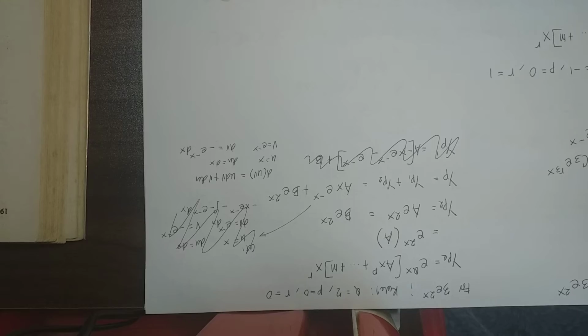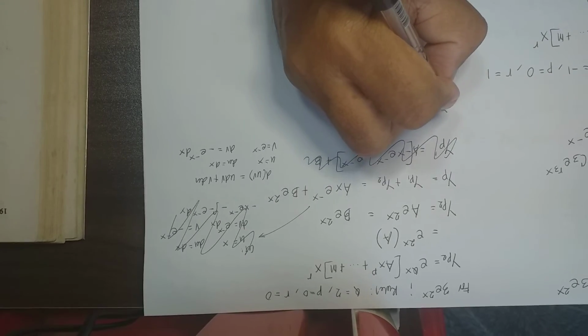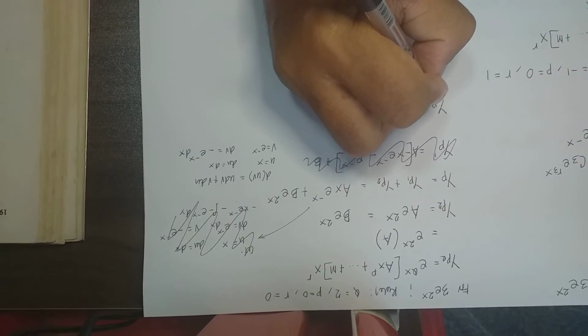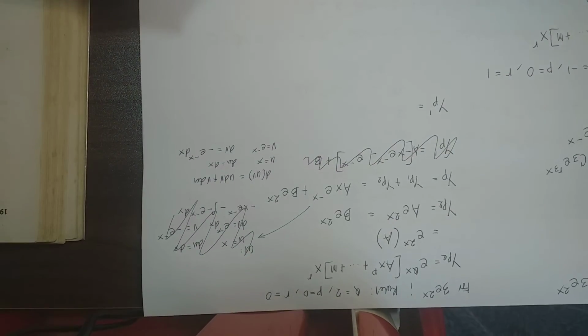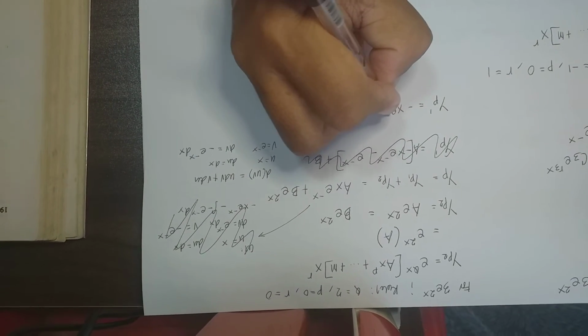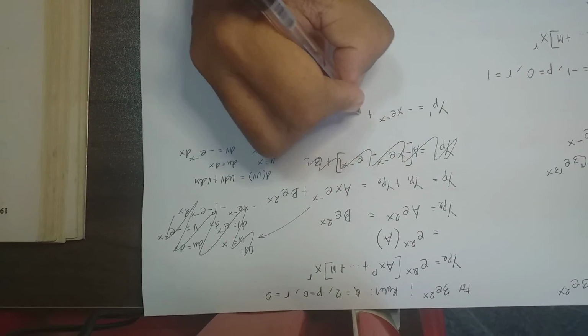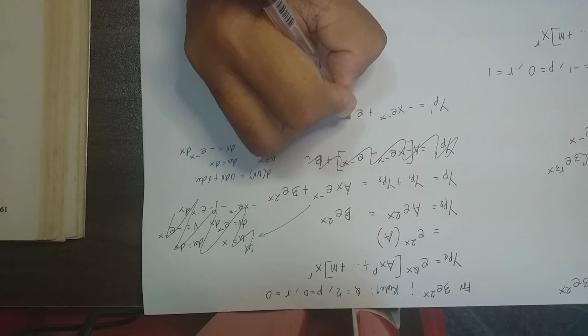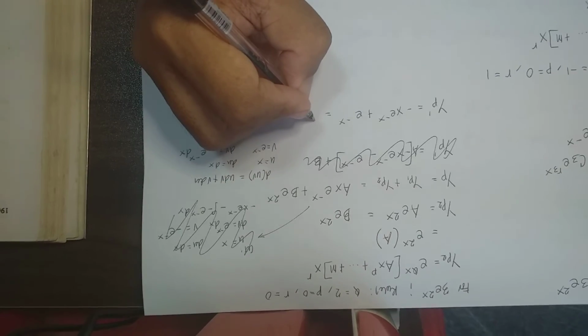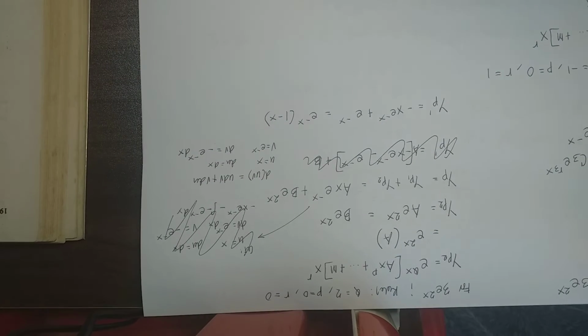So by product, we have yp prime is equal to u dv, or negative x e to the negative x, plus v du, plus e to the negative x. Or this is simply e to the negative x times (1 minus x).